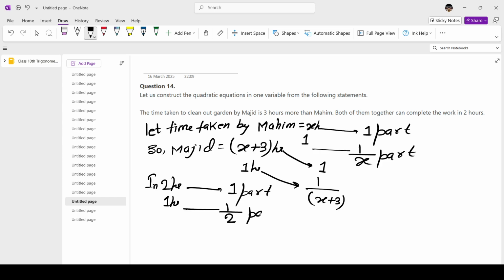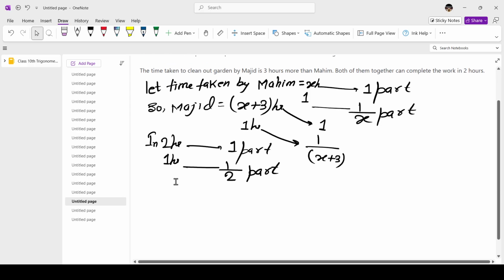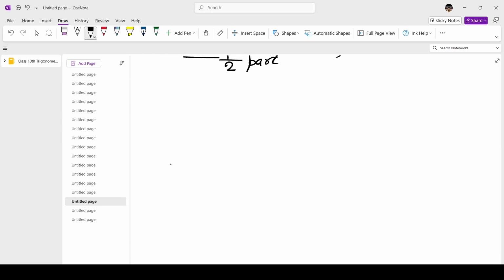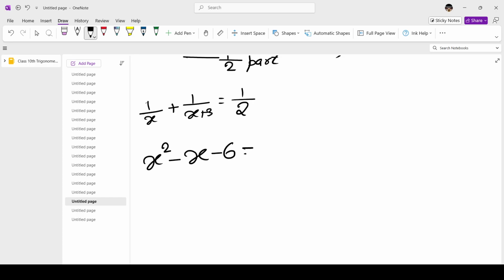Now just add the work done by Mayan and Majid in 1 hour. After solving, this will become x square minus 4 is equal to 0.